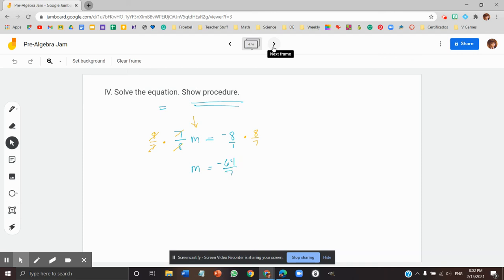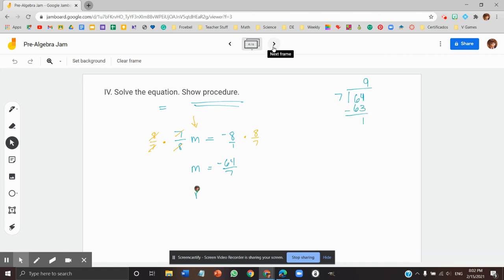Now, I am not finished as yet. Why? Because my numerator is bigger than my denominator. Remember that I always have to put it as a proper fraction or as a mixed fraction. How many times does 7 fit in 64? 9 times. 9 times 7 is 63, so what is left is 1.